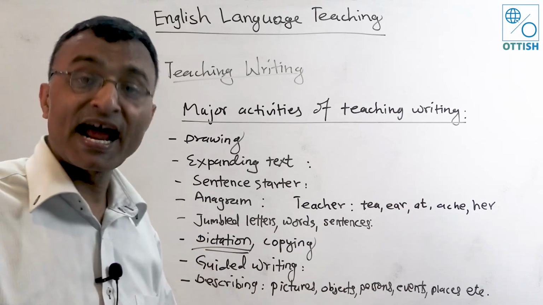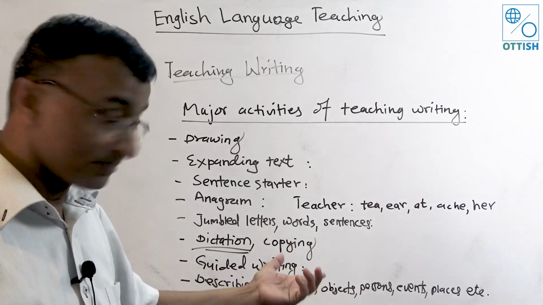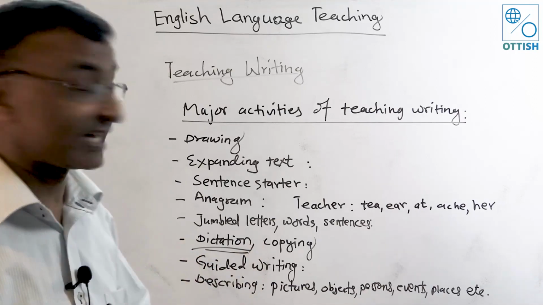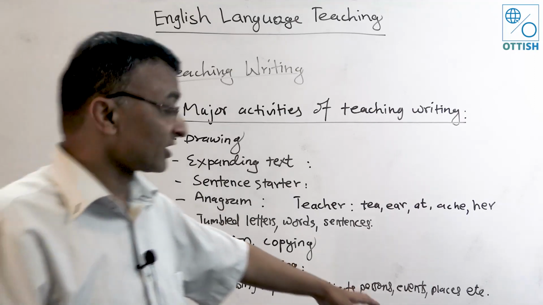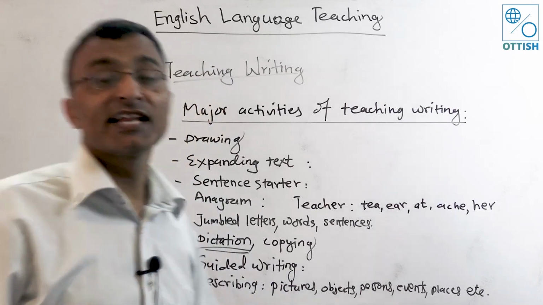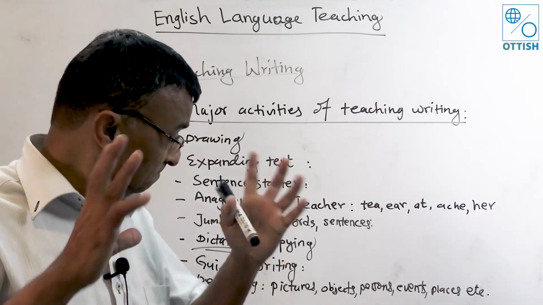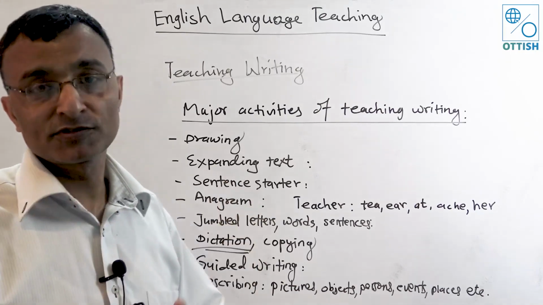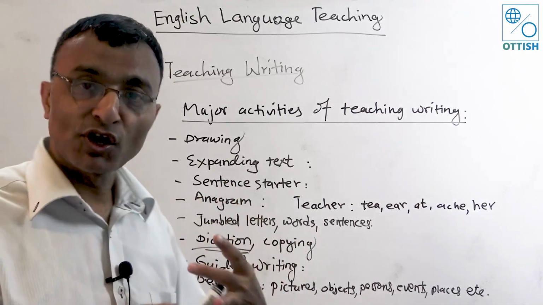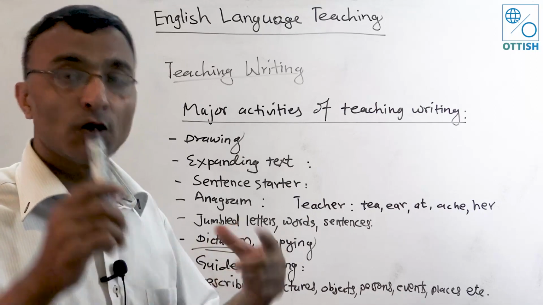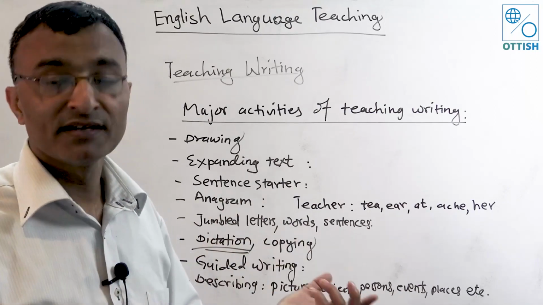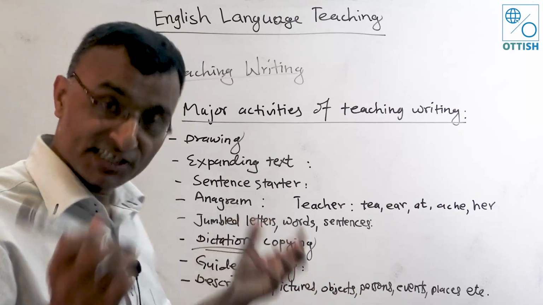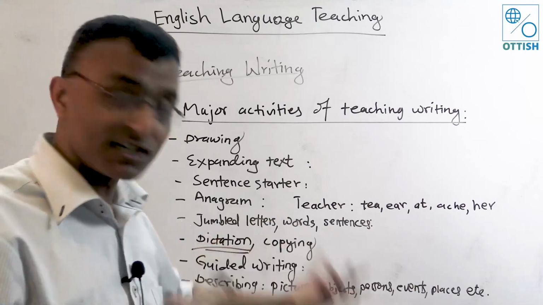So, in various ways, describing activities can be carried out. For describing a person, the teacher can give some adjectives such as tall, short, curly, oval, black, and so on. By using such adjectives, they can describe the person.